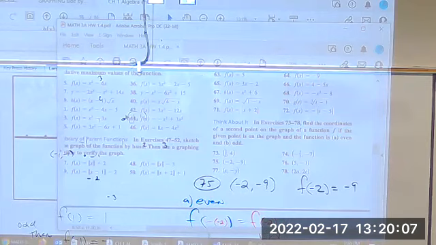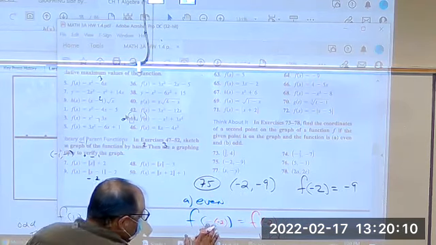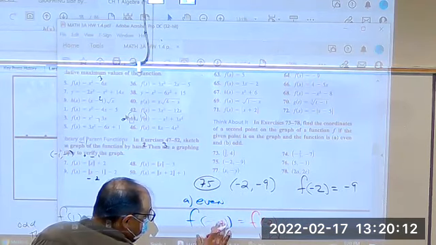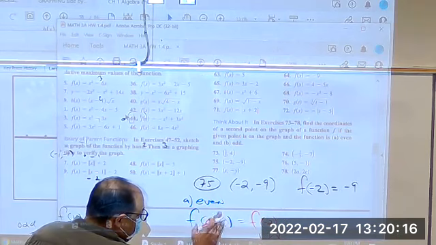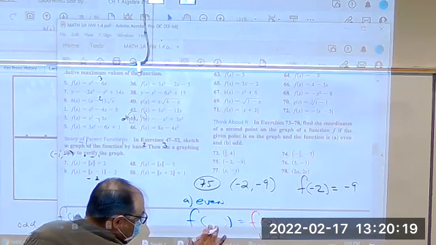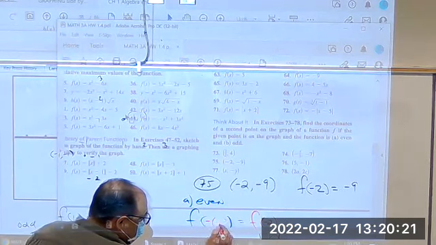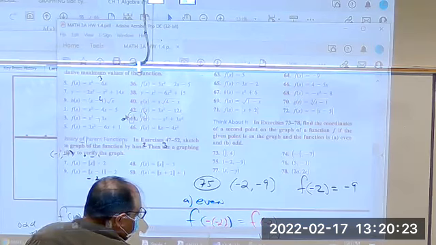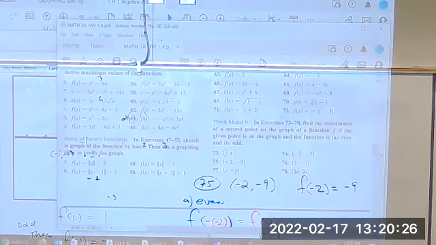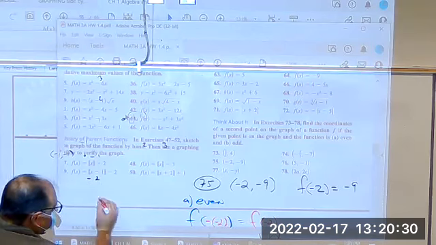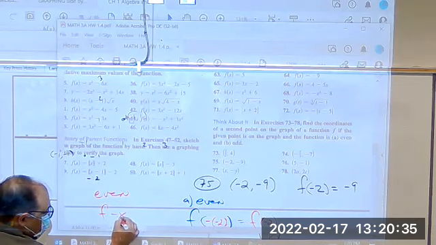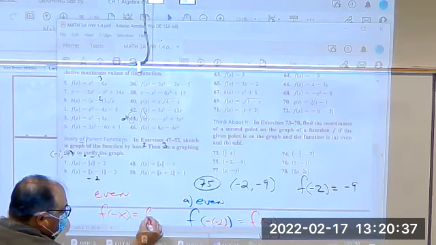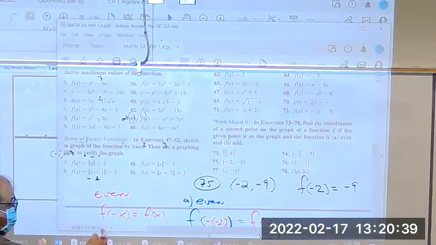And I know what you may be feeling or thinking because I've been in your seat. Our definition over here, even: f of negative x is equal to f of x, but think of it like this.